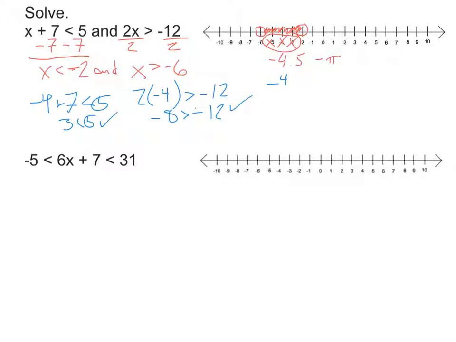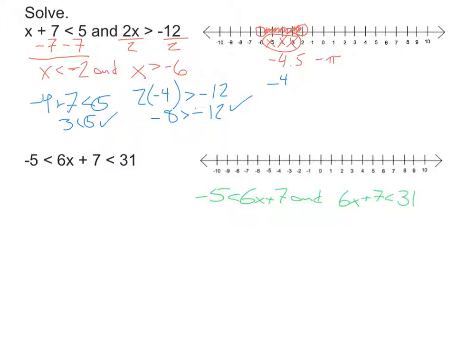Let's move to the second problem. If you notice, it's kind of put together into one compound inequality here, so we don't have the word and here, but this has an assumed and. We're supposed to assume that negative 5 is less than 6x plus 7 and 6x plus 7 is less than 31.